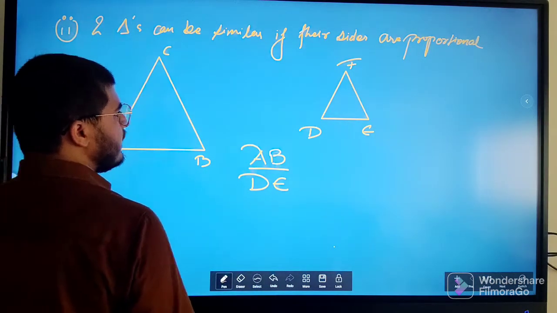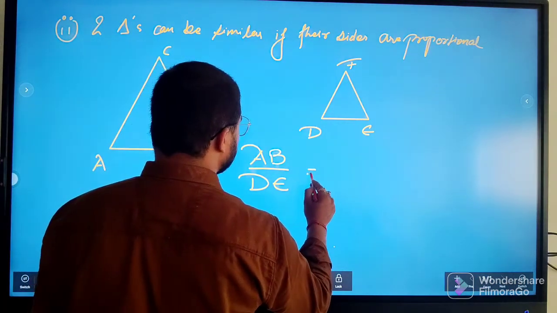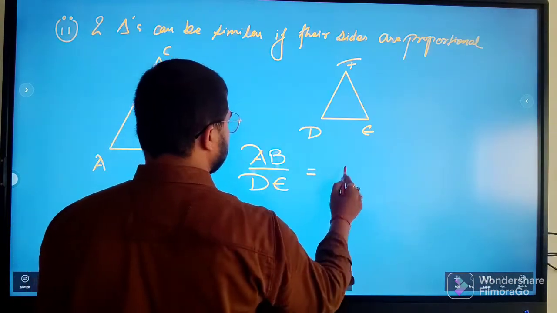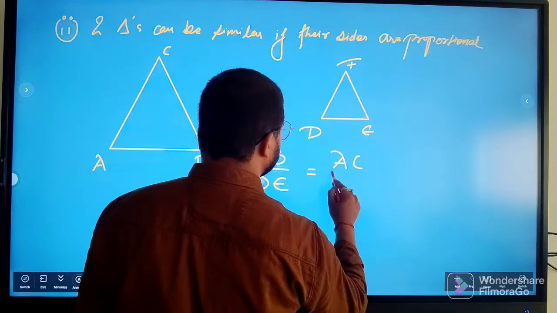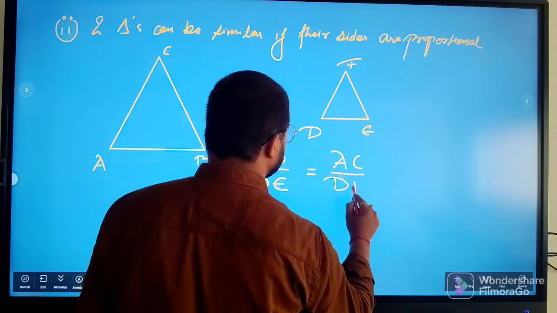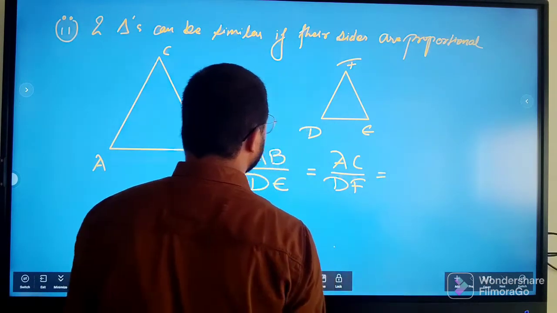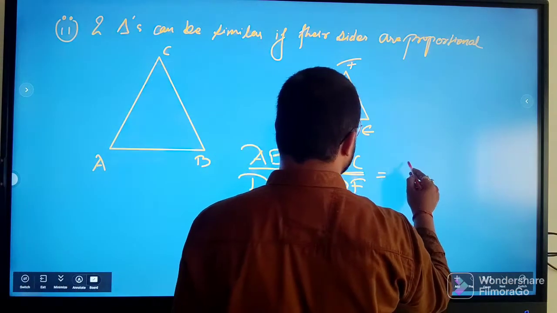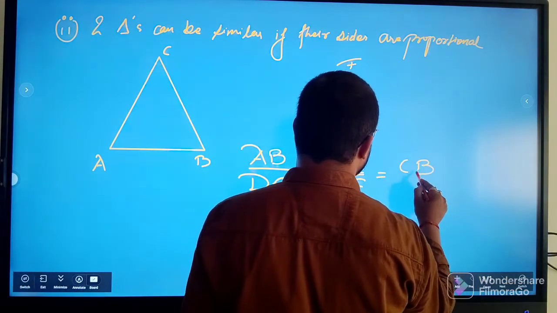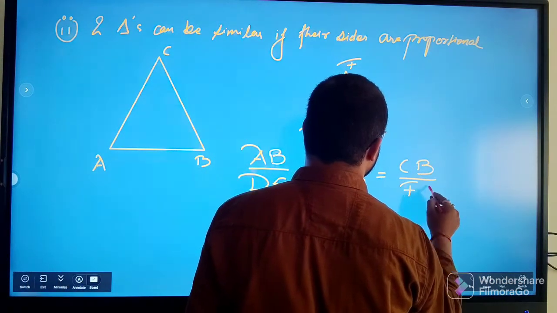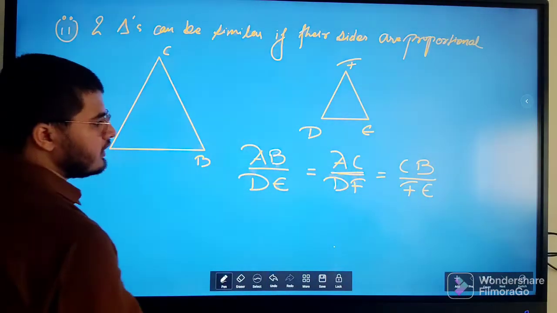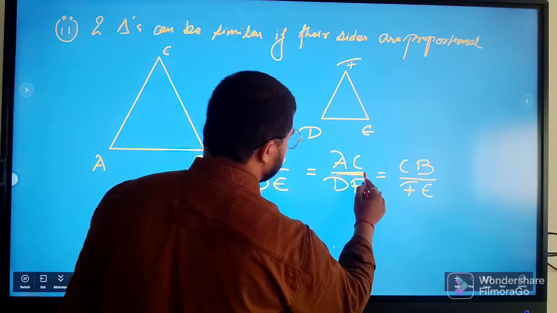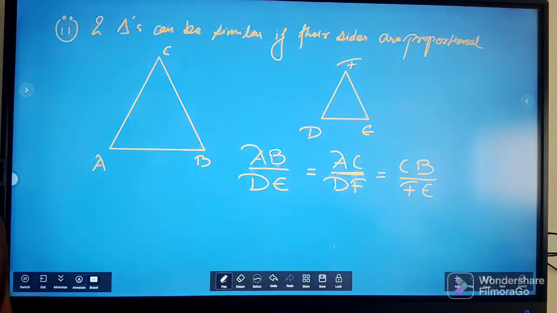So the ratio of AB to DE should be equal to the ratio of AC to DF, and that should be equal to the ratio of CB to FE. Then the two triangles are said to be similar. This is the second condition.